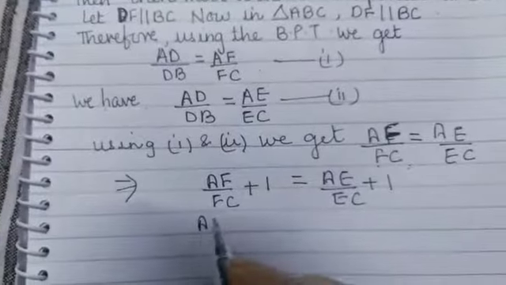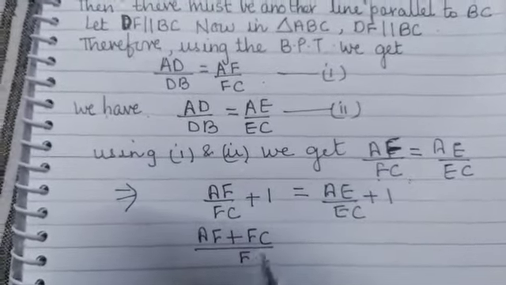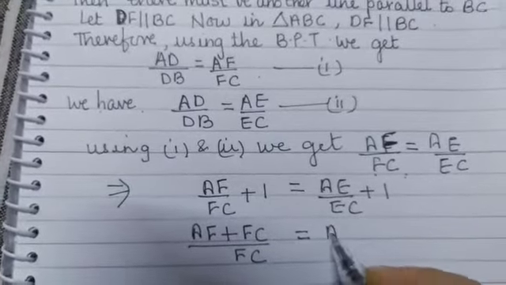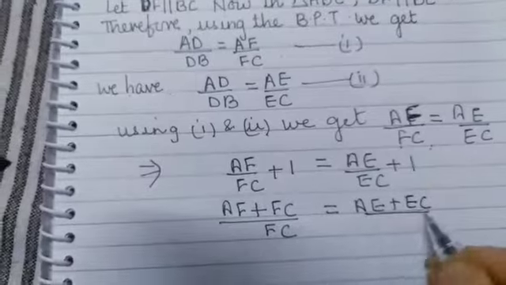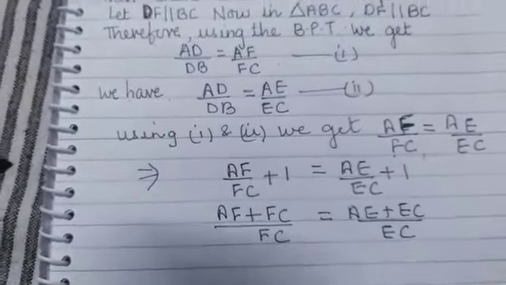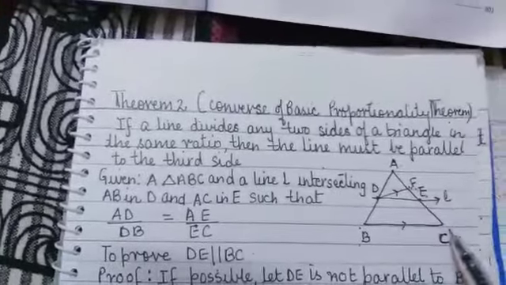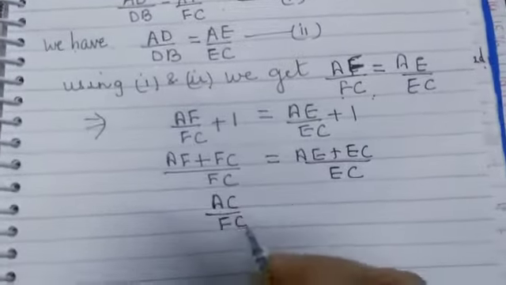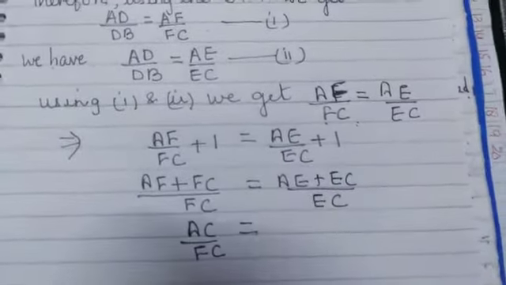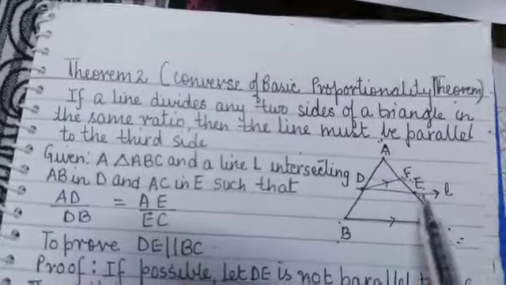So AF plus FC upon FC is equal to AE plus EC upon EC. Right, now see from the figure, AF plus FC means AC. So it will be AC upon FC equals AE plus EC upon EC.